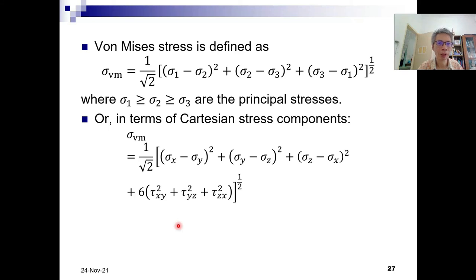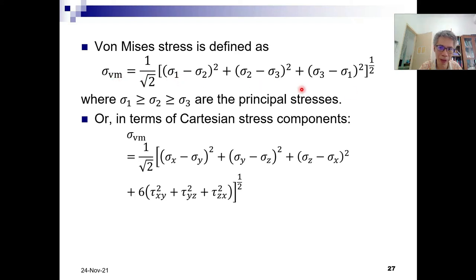So, von Mises stress is defined as given in this formula. Regarding the derivation, it is quite long, so it is out of the scope of this lecture. But this is the final result.